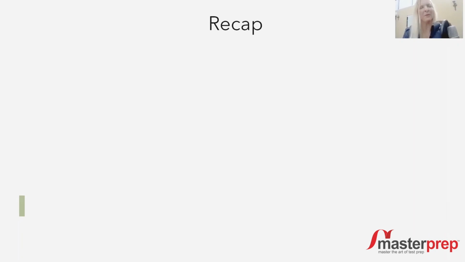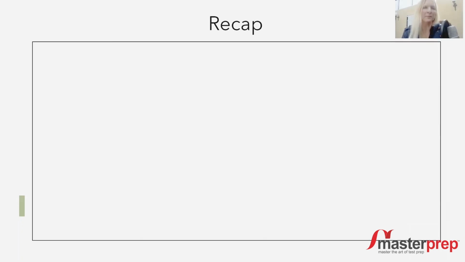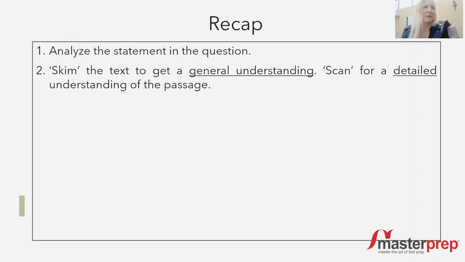Let's recap on the main points of identifying information for academic reading IELTS Task 1. Analyze the statement in the question. What does it mean? Skim the text. Go back to the text to get a general understanding and to capture the key words and synonyms.